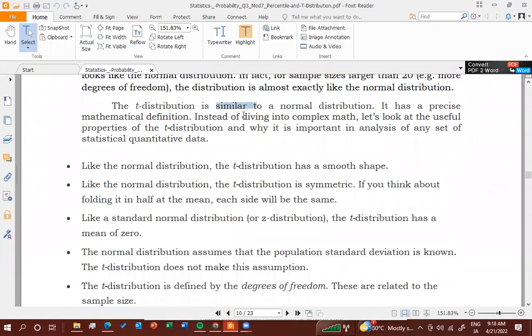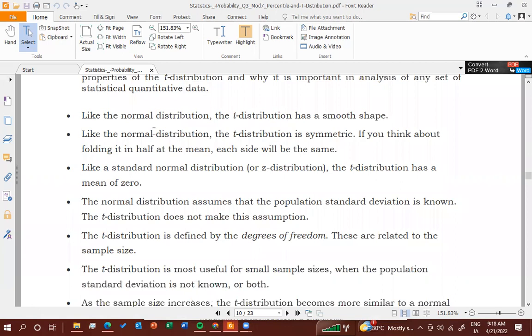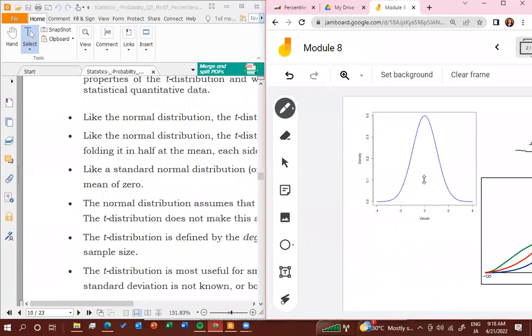Okay, similar is not completely parehas na. It has a precise mathematical definition. So instead of mag-dive ka sa complex na math, ang ipakita lang niya diri na in bullet points is the characteristics of the T distribution. You can even use this figure as a guide.